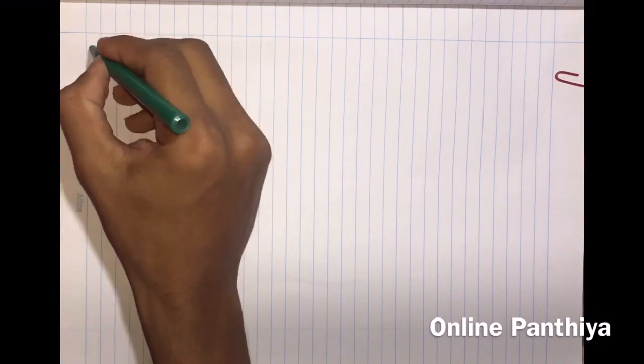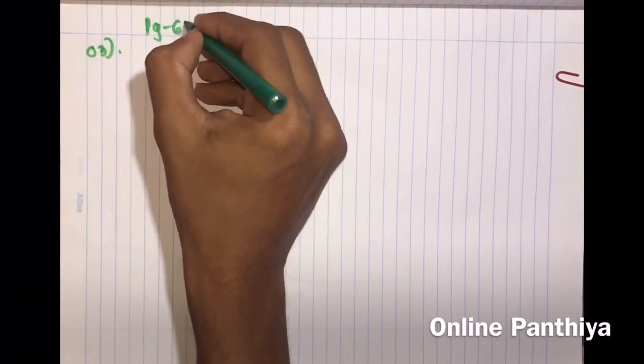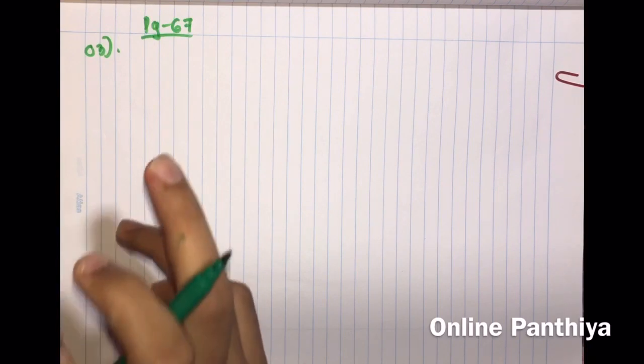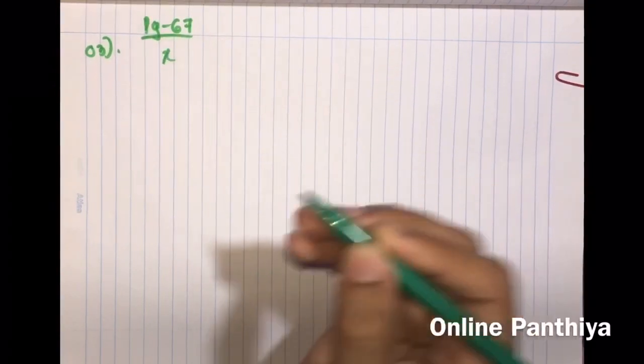Okay, what is the next part? We'll take, just solving, that is on page number 67, third question. Page number 67, third question. They're asking you, from the square of a certain number, let's say that number is equal to x.